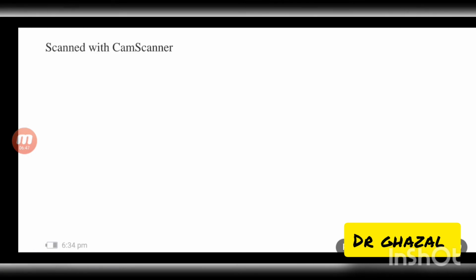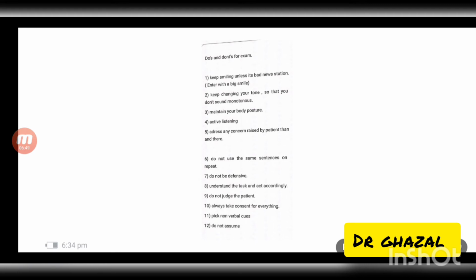Okay, now after that, there are some do's and don'ts for the exam. Before you start the prep for the PLAB 2, you should be aware of them. Number 1, always keep smiling when you enter the cubicle, unless it's the bad news station. Doctors do not enter the cubicle with a very serious face, because you have to build a rapport with your patient.